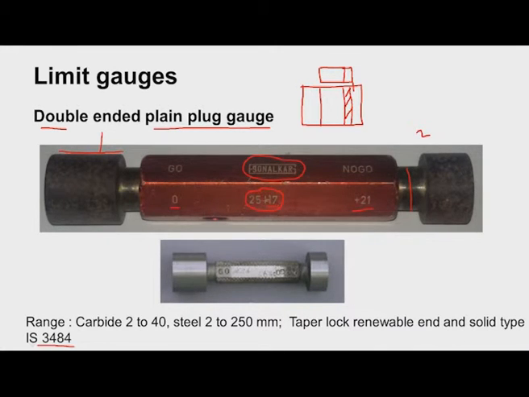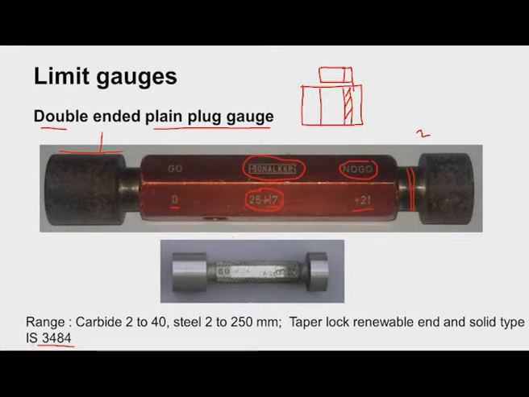So they are made as per IS 3484, and most of the times a red mark is provided on the no-go side. So no-go is marked on the handle, as well as red paint is provided at this place to indicate that it is the no-go side.